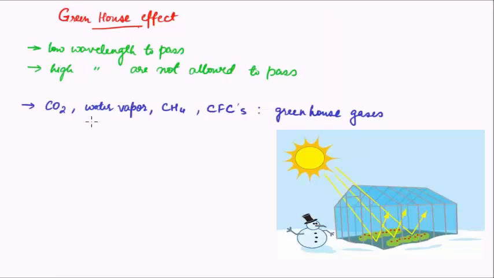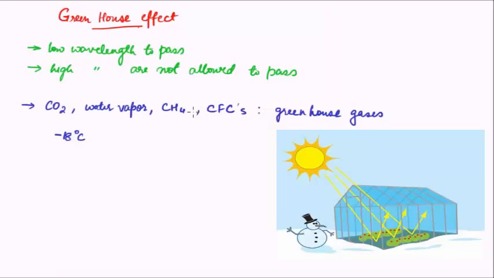Why so? Because in the absence of greenhouse gases, the amount of heat that we are getting from the sun is more or less sufficient to bring the temperature of the Earth to around minus 18 degrees Celsius. So if these greenhouse gases were not present, the whole Earth would be somewhere around minus 20 degrees Celsius.